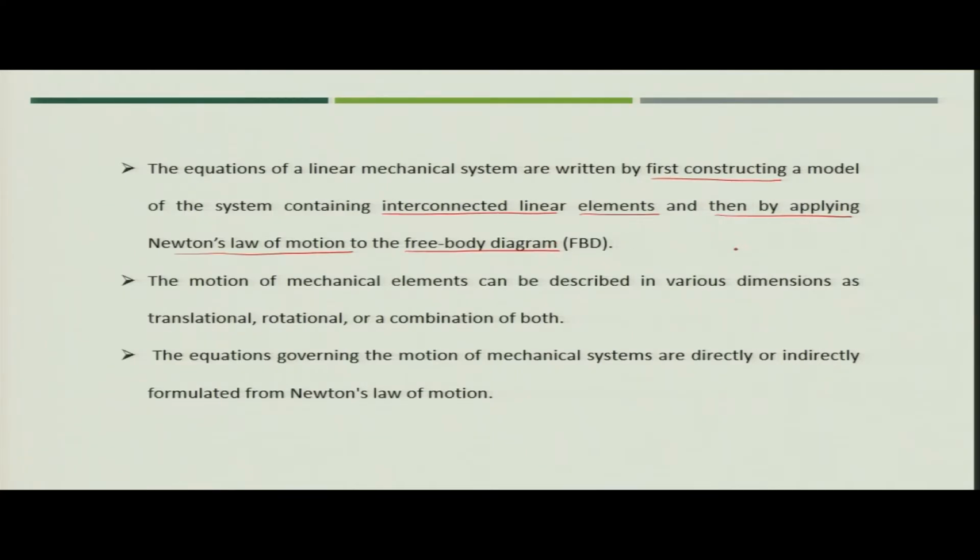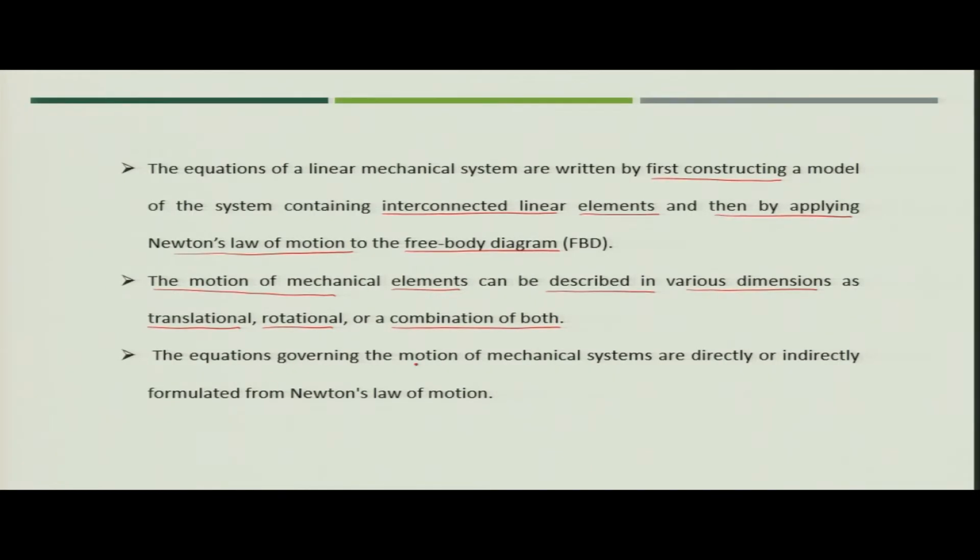Free body diagram means you just take the main body of the element and show the forces applied on that particular body or mass. Now, the motion of mechanical elements can be described in various dimensions, or we can say that it is translational, rotational, or a combination of both.